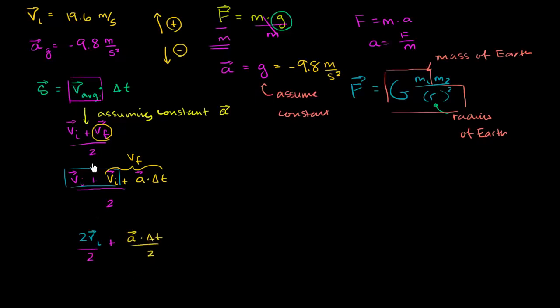So all of this was another way to write average velocity. The whole reason I did this is because we don't have final velocity here, but we have acceleration, and we're going to use change in time as our independent variable. And so we also have to still multiply this by this green change in time. And all of this was what displacement is going to be.